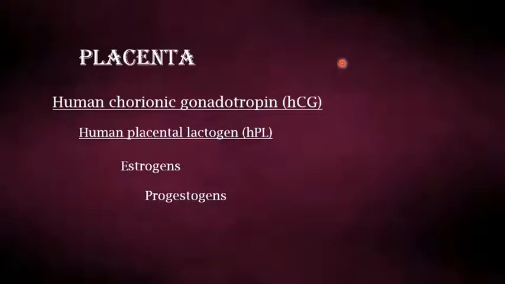The levels of other hormones such as estrogens, progesterones, cortisol, prolactin, thyroxine also rise during pregnancy. They are important for the growth of the embryo, metabolism of the mother, and for maintenance of pregnancy.